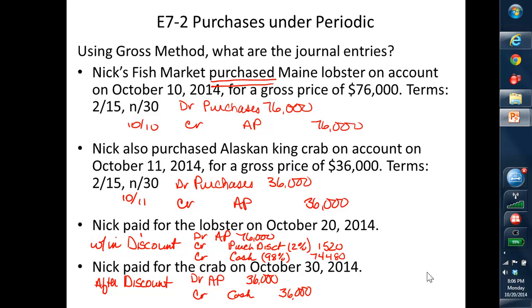Thus, we'll debit accounts payable for the full amount of the invoice, $76,000, but will credit purchases discounts, a contra purchases account, for 2%, the part he didn't have to pay, and credit cash for 98%, or $74,480, the part of the purchase he needed to pay for because he paid within the discount period. Whereas the crab didn't get paid until October 30th, so that was after the discount period, so Nick didn't get the discount, so he just debited accounts payable and credited cash.